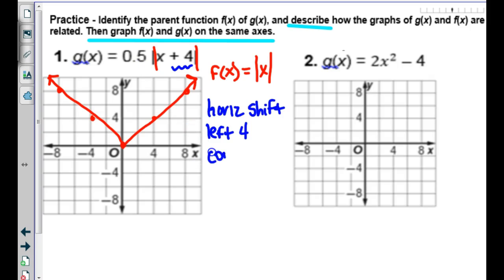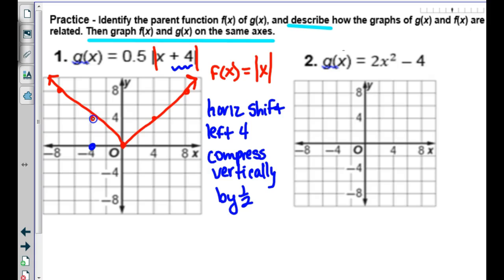Compress it which way? Vertically, yep. Doesn't do the opposite. It does exactly what it seems when it's on the outside. So if I take this 0, 0 and I move it to the left 4, it's over here now. And it doesn't compress because it's already on the x-axis. Can't get any closer. Okay.